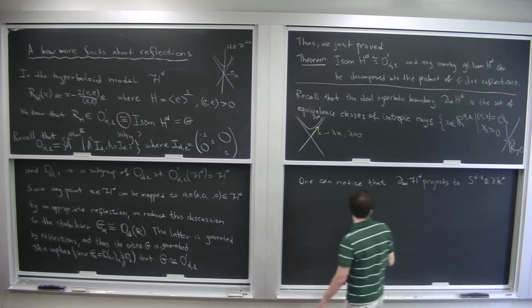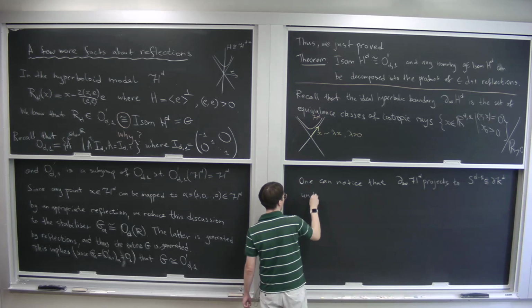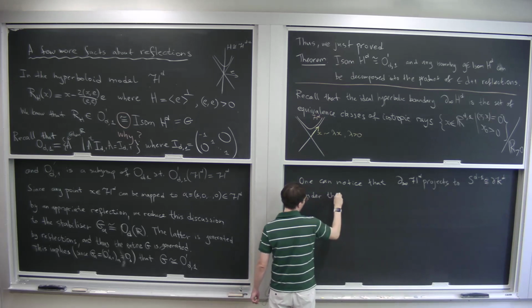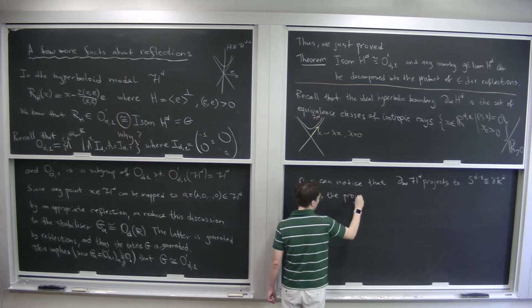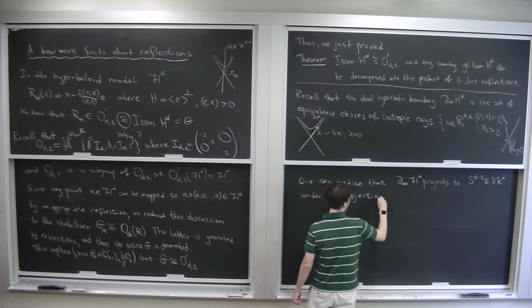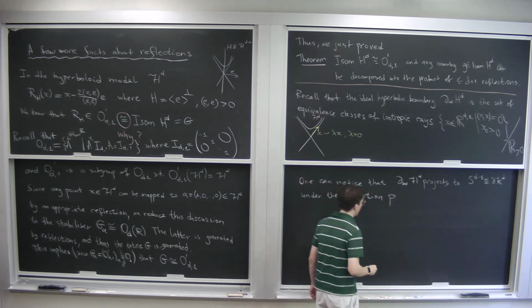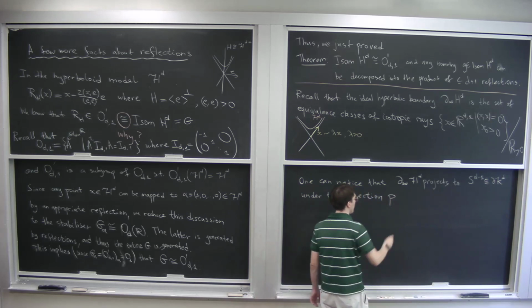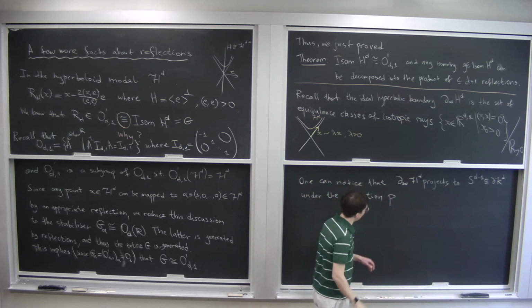So it projects under the projection pi from HD to KD.